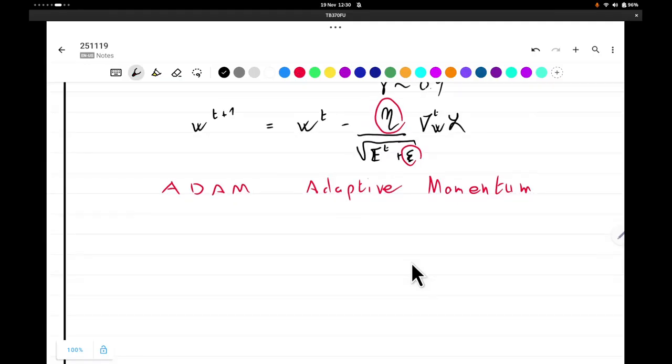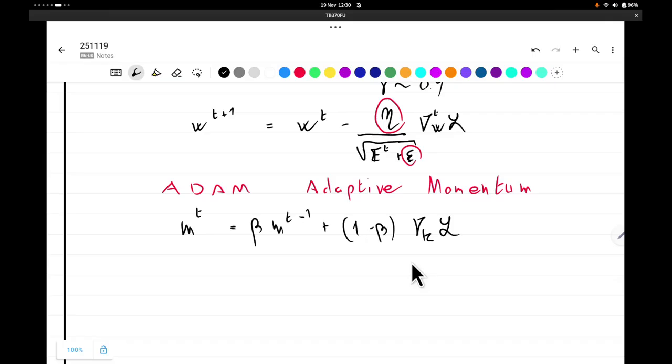Just to write it down all together, we have m at t is a combination of m at t minus 1 with a beta, plus 1 minus beta times the gradient.